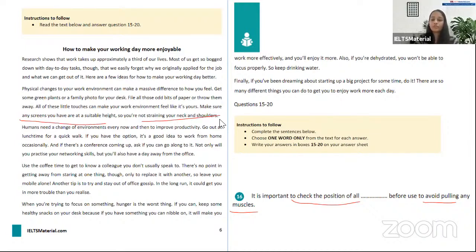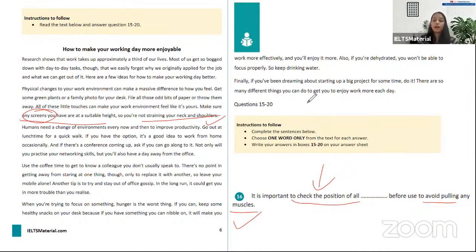So, of course, the verbatim words are not given in the passage. So what else is there? Pulling any muscles is straining your necks and shoulders. You don't want to strain the muscles of your neck and shoulder. And check the position of what? Right? So we're talking about the position, whether it is its height or its location. So of course, we are talking about this aspect.